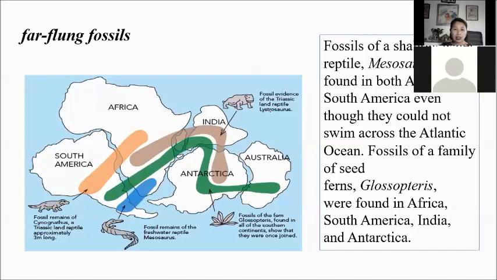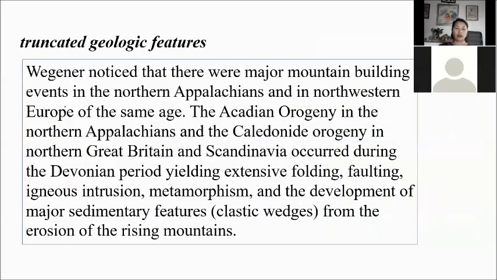Okay. Lastly, we have also fossil evidence of the Triassic land reptile Lystrosaurus. No? Saan ito makikita? Yung nakita dito sa Antarctica, India, and Africa. So yan ang another evidence to support continental drift of Wegener.